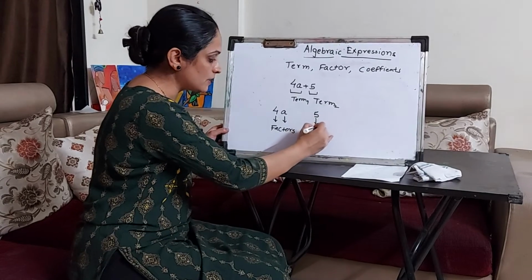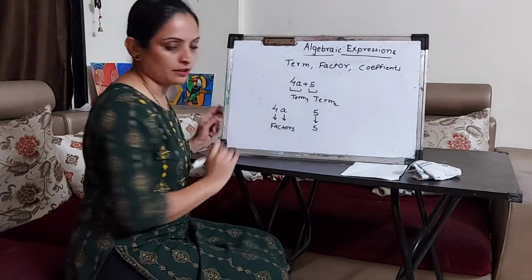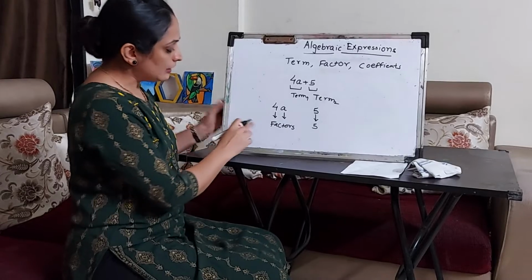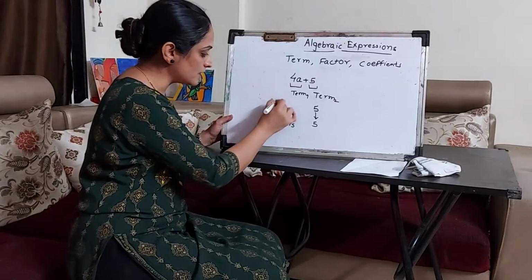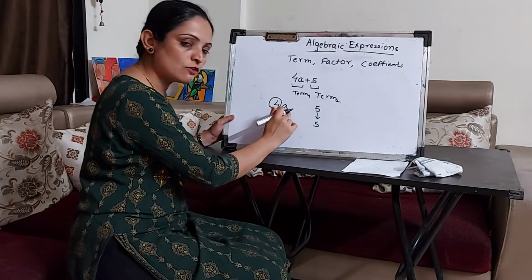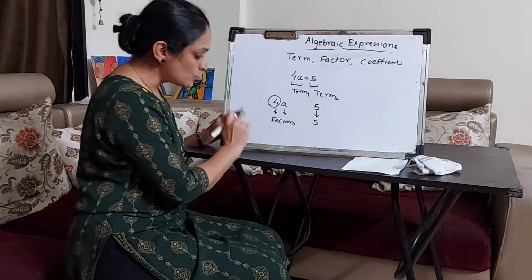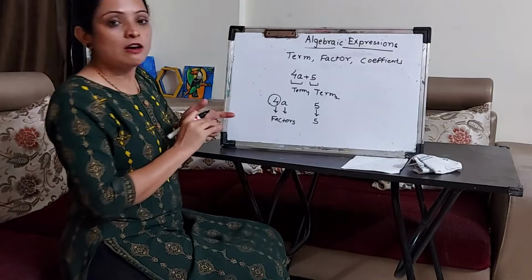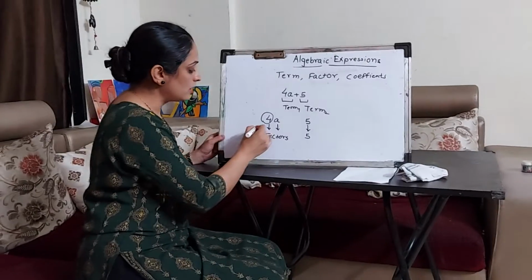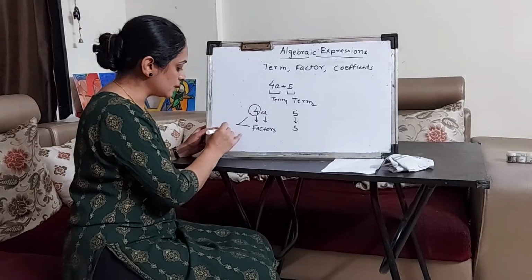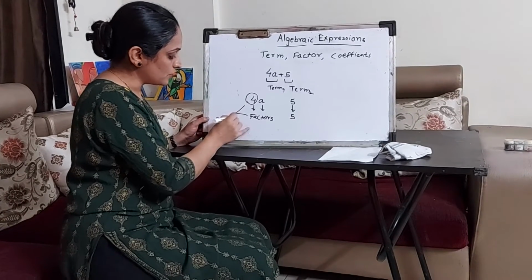So 5 is the only factor over here. Okay. If we observe it carefully, here 4 is a factor, but it is a number. a is also a factor, but it is a variable. So here we can say a factor which is a number, that means numerical factor, is nothing but the coefficient.